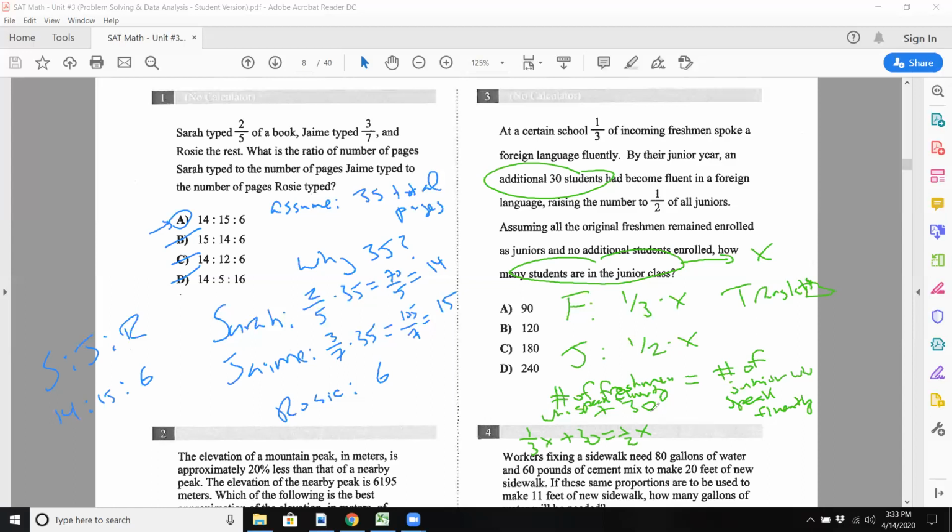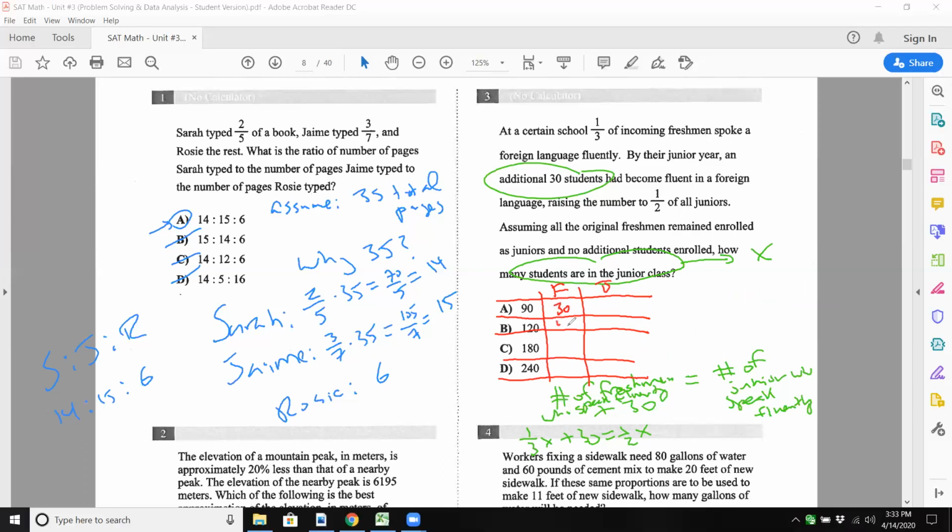So let me make a little more space here. Freshmen and juniors, remember you're doing 1/3.